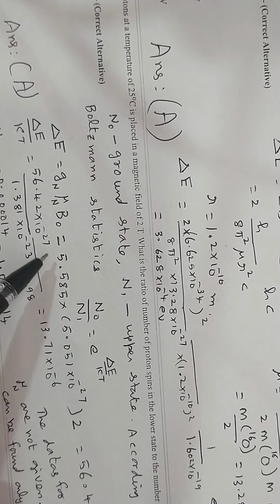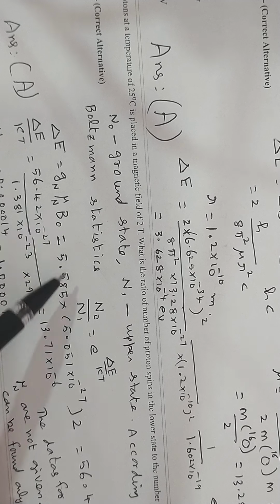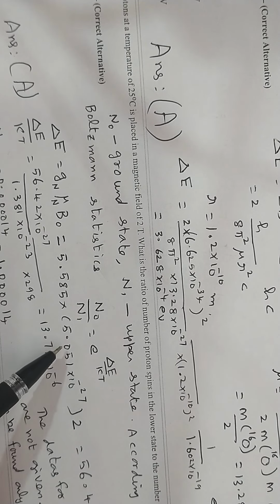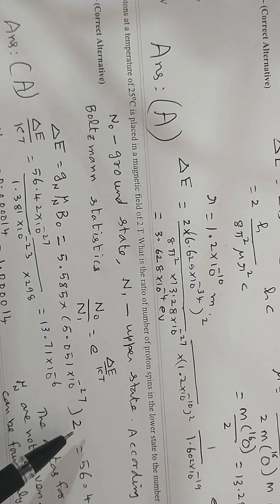The value of g_n is not given, but if you know this value, you just substitute it. Mu_n, the nuclear magnetic moment, is available, 5.051 × 10^-27, and B0 is given.